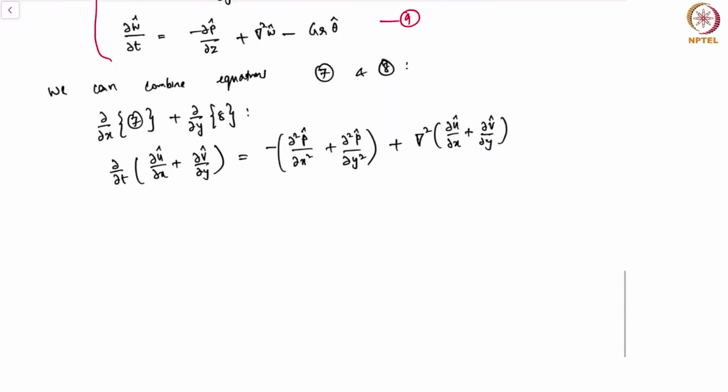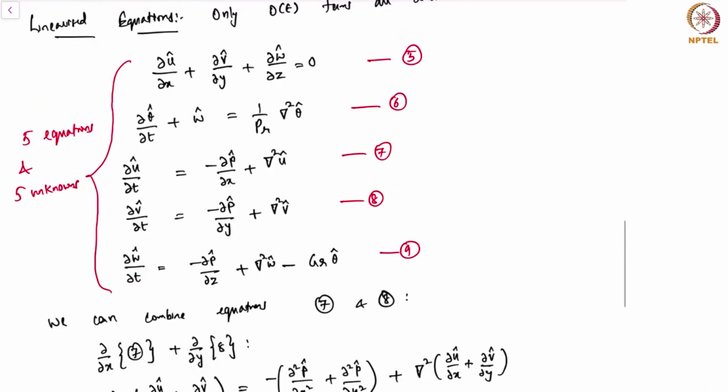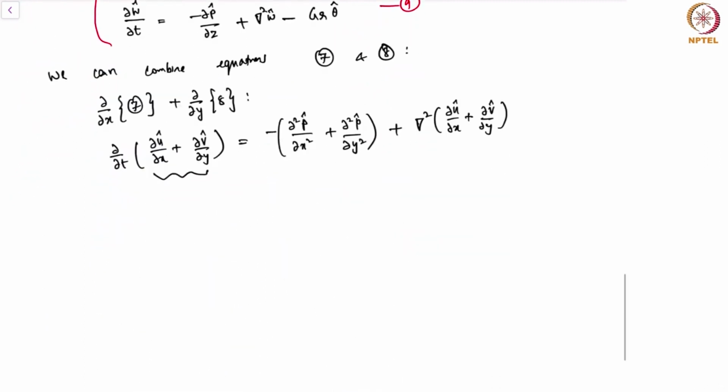Now we can use a shorthand notation to simplify this. If we look at the continuity equation, that's equation 5, del u hat by del x plus del v hat by del y is minus del w hat by del z. Therefore this quantity becomes minus del w hat by del z, same as this here.